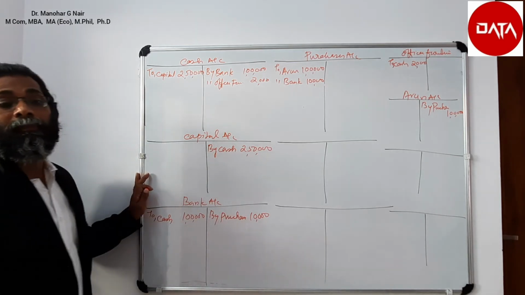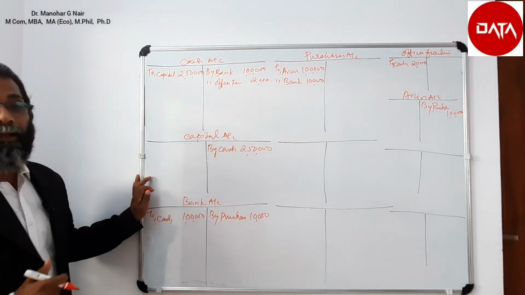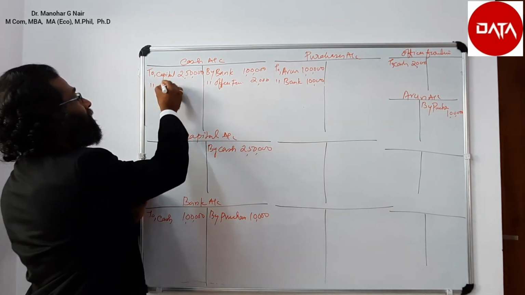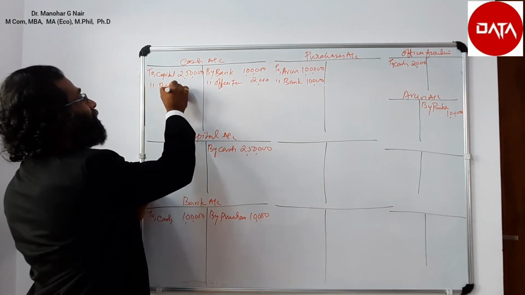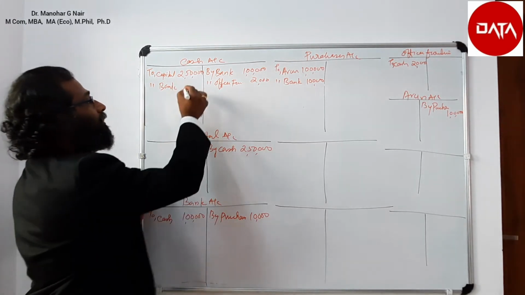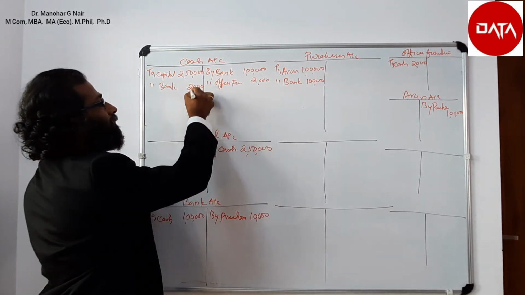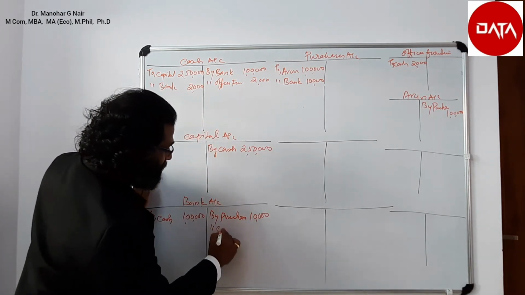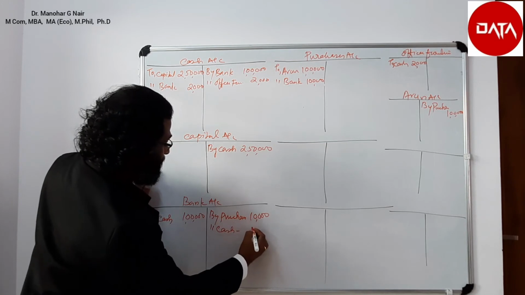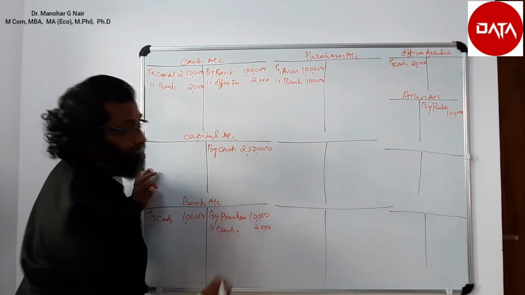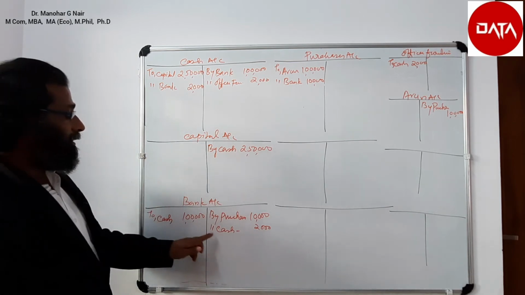Now cash account debtor to bank. To bank, how much? Received cash from bank, 2000 rupees. So in the bank account, by cash, 2000.